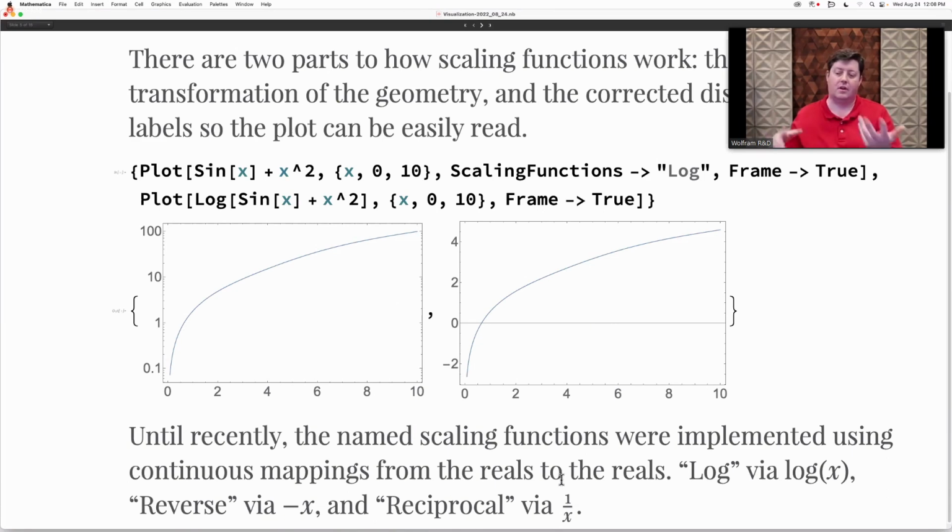Then those have inverse mappings that get used to account for the labeling. For log, it's going to be x, and then conveniently for reverse and reciprocal, it's just the same function again. So negation and reciprocality are their own inverses, and so it's the same function doing both bits of work.